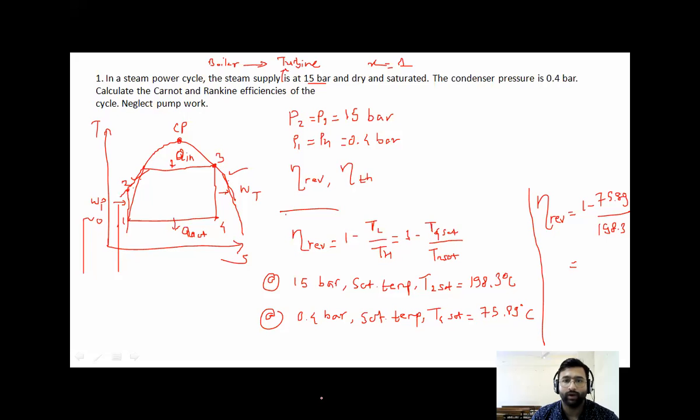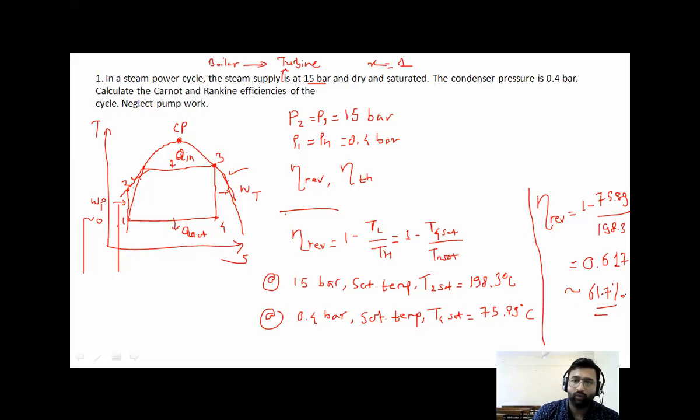Pranali Gaikwad says 0.60. How much? 0.61. Okay, so what is the efficiency? 61.7%. So this is the maximum efficiency you can achieve. Obviously our Rankine efficiency will be somewhat less than this.